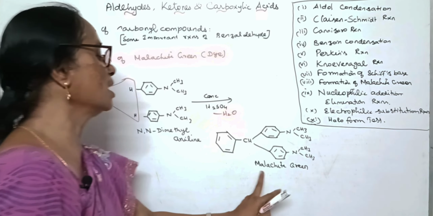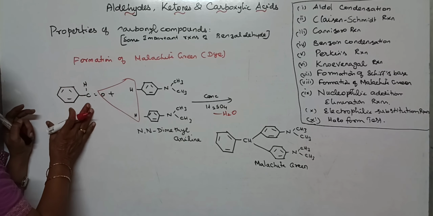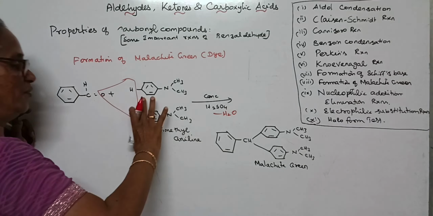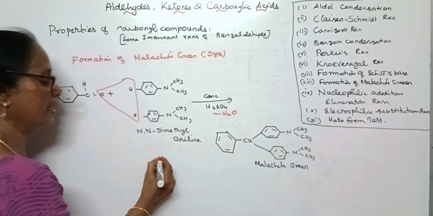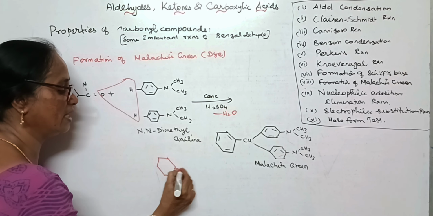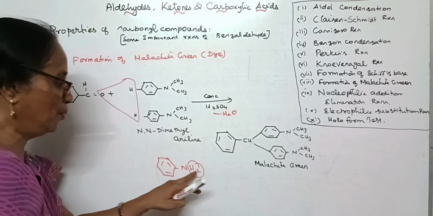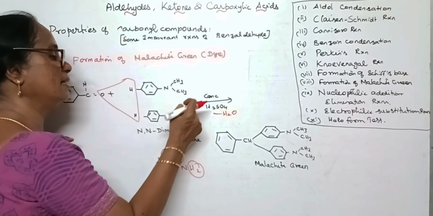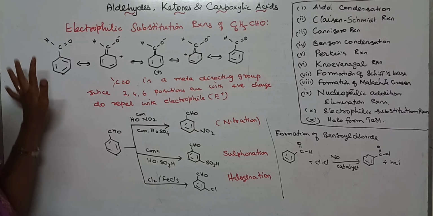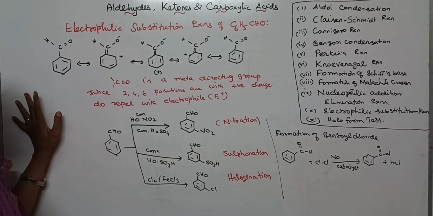It forms malachite green. So, to form malachite green, you require benzaldehyde with two molecules of N,N-dimethyl aniline. Aniline is C6H5NH2. In this, two of the hydrogens are replaced by two methyl groups. That's why the name is N,N-dimethyl aniline.